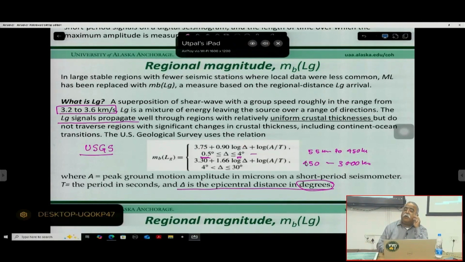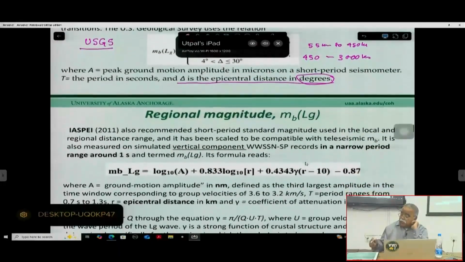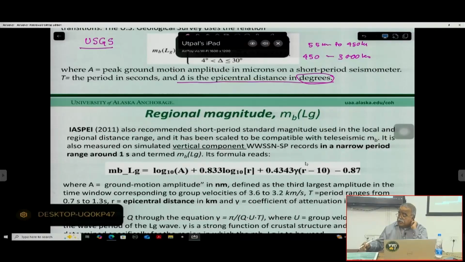So whenever you are using the formula for computing this, please take a careful look at the units. The IASPEI has given another formula. That is the USGS formula, but the IASPEI formula is like this, log10 A, and this A value here is in nanometers.